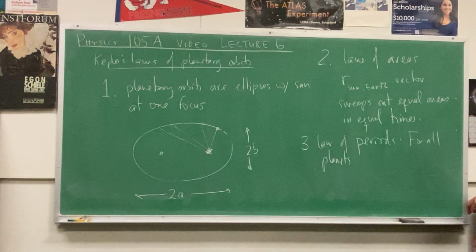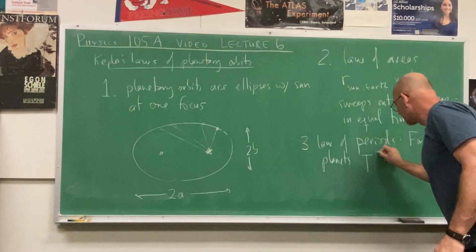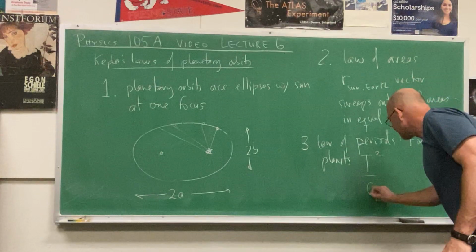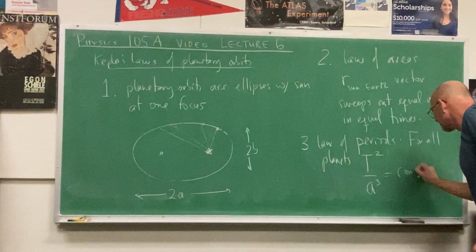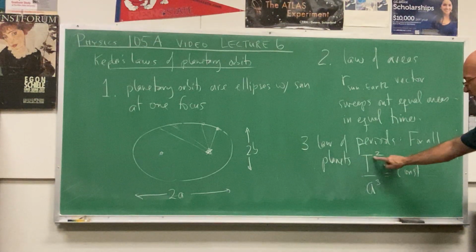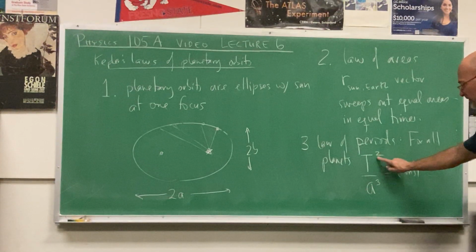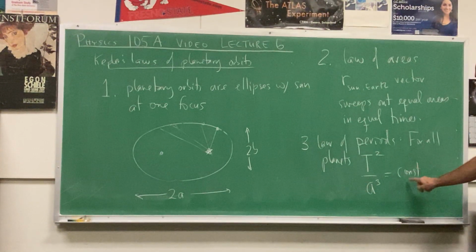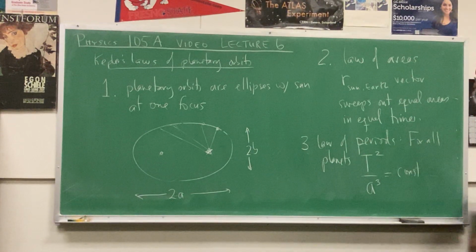For all the planets, period squared over semi-major axis cubed is equal to a constant. And the idea was it was the same constant. So if you took the period of Mercury over its semi-major axis, this one squared, this cubed, you'd get a constant. You did it for Earth, Mars, Venus. You'd always get the same constant.